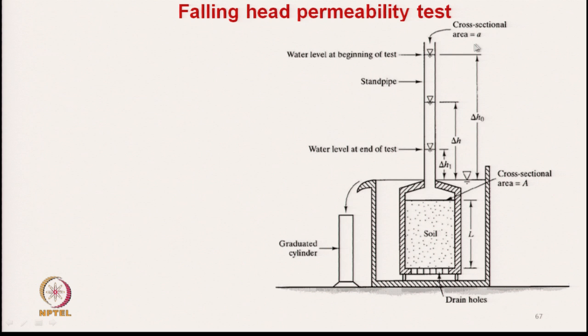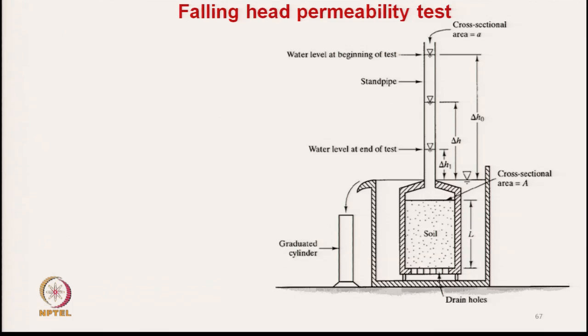Initially this is the water level delta H0, where a stand pipe is there, and the water level at the end point is delta H1.